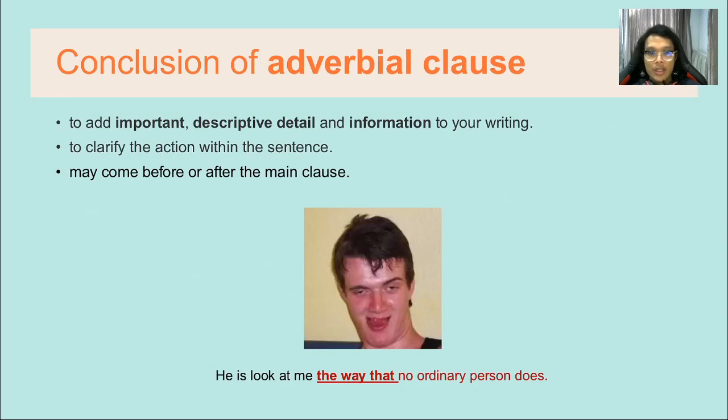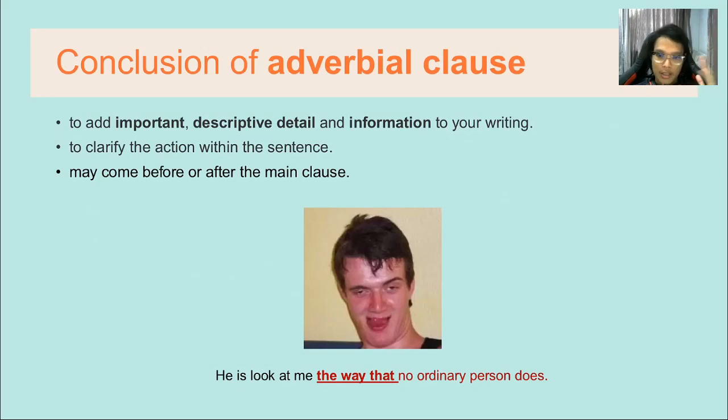the sentence. The adverbial clause can come before or after it; it depends on you. If you want to emphasize the adverbial clause, you might put it in the front of the sentence. Look at the last example: he is looking at me the way that no ordinary person does.